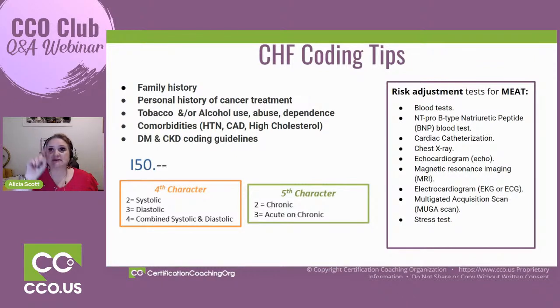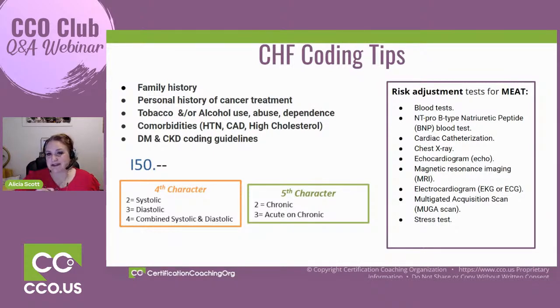Does the patient have CHF? Do I see CHF? Okay, it says CHF and it tells me it's systolic. Right there, I have a higher diagnosis than just I50.9, which is just unspecified CHF, a very common code that's used.